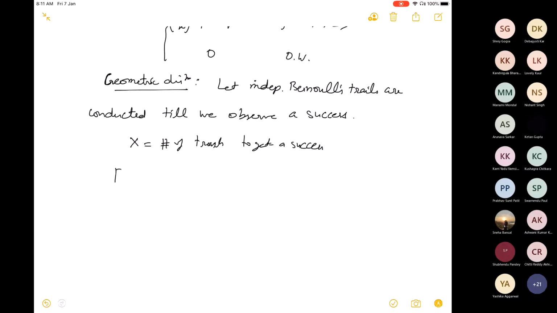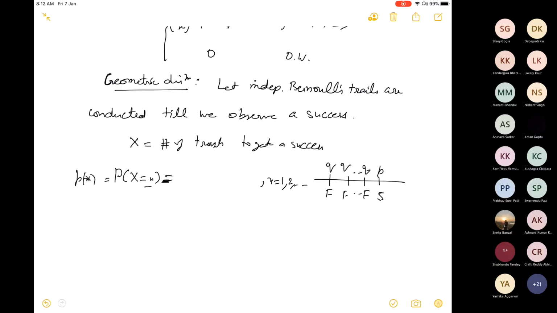So probability X is equal to x, which is p(x). We will have first a failure, then a failure, and in the last we have a success. So q, and in the last we will have p. X can be one trial to get a success, two trials to get a success.